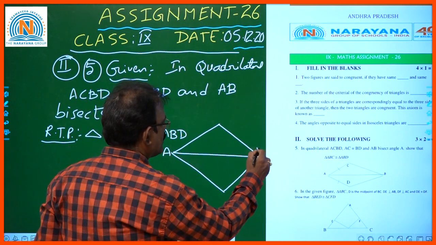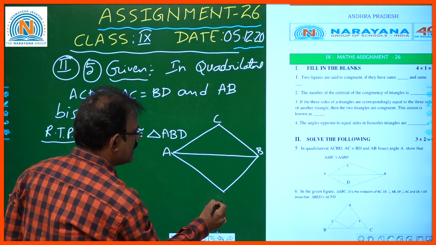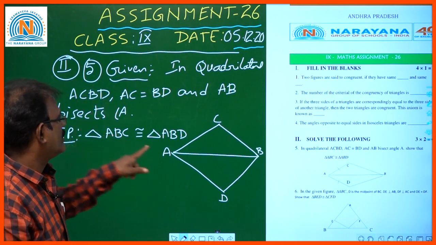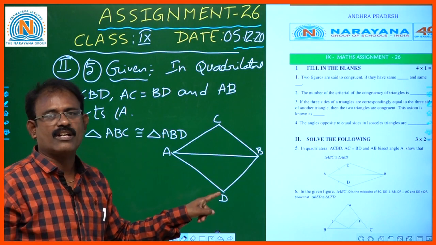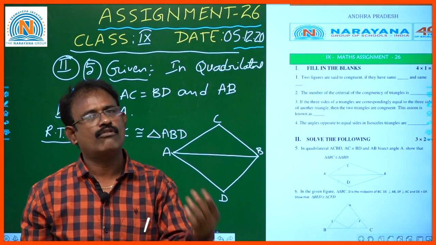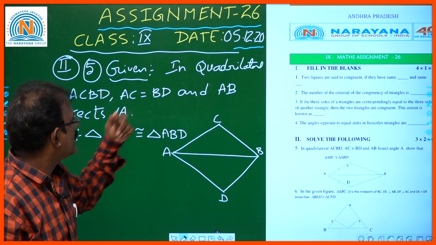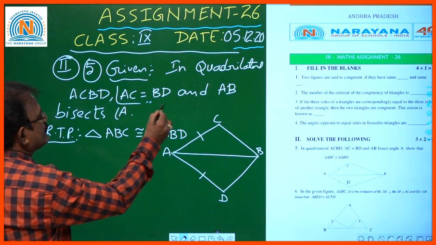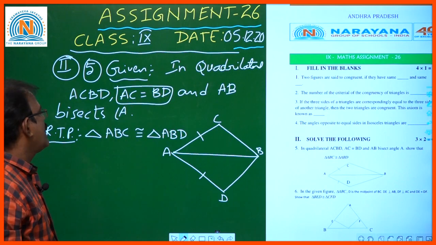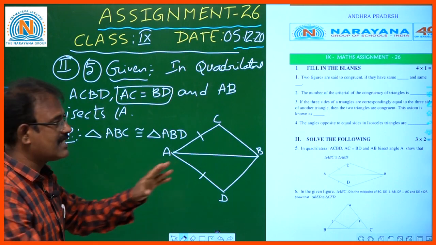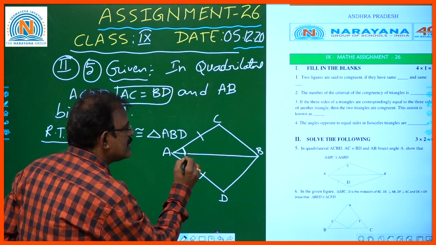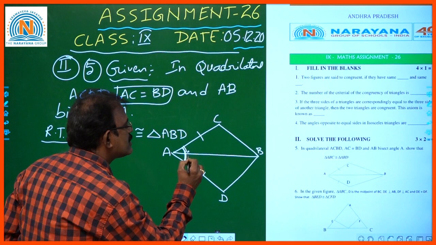A, B, C, D. Children, ACBD is a quadrilateral. A simple closed figure bounded by 4 line segments is a quadrilateral. Given that AC is equal to BD, and AB bisects angle A. That means both angles are equal.